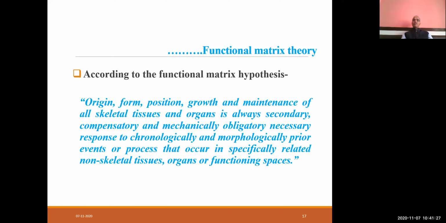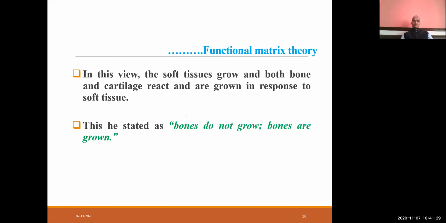The organs are functional spaces. So in this view, the soft tissue grows, and both bone and cartilage react to this growth of soft tissue and are grown in response to soft tissue. So Moss stated that bones do not grow, but bones are grown in response to soft tissue.